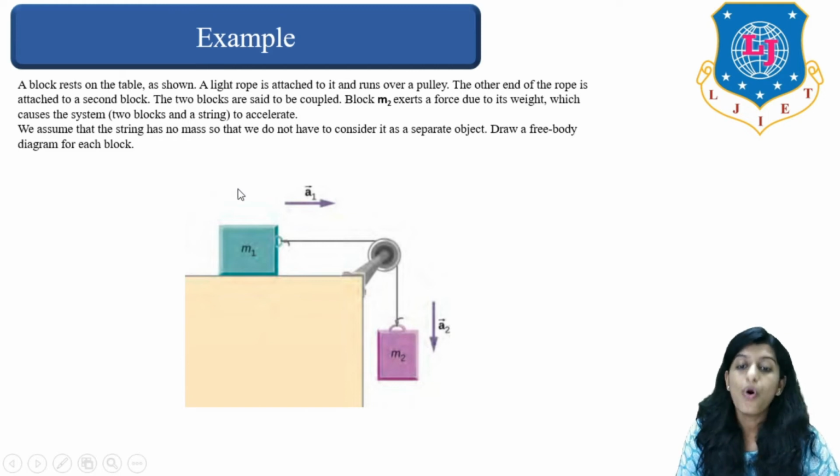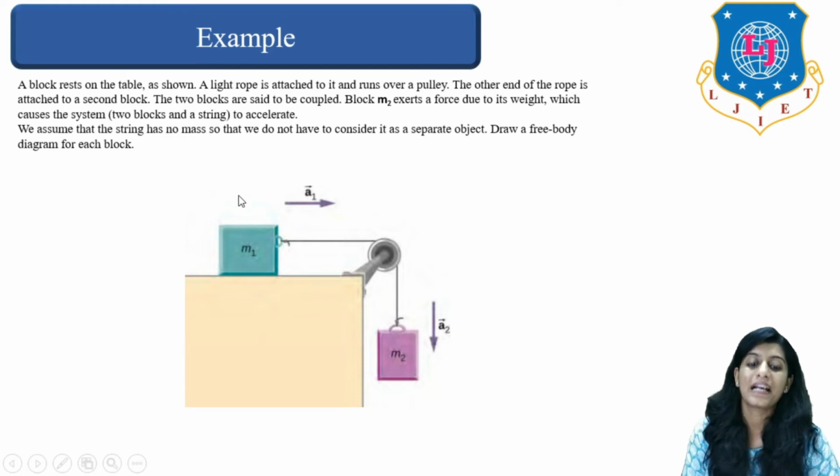The two objects are said to be coupled, right? These are coupled with each other. That is, block M2 exerts a force due to its weight, which causes the system to accelerate. This block will exert a force due to its mass, right?